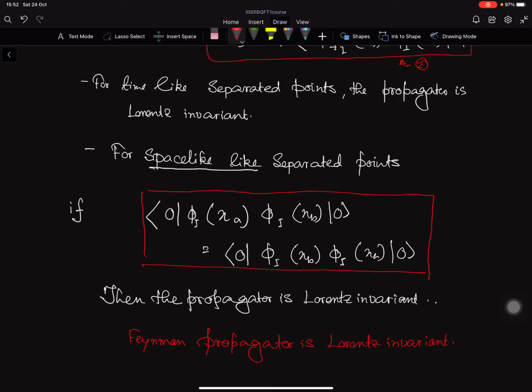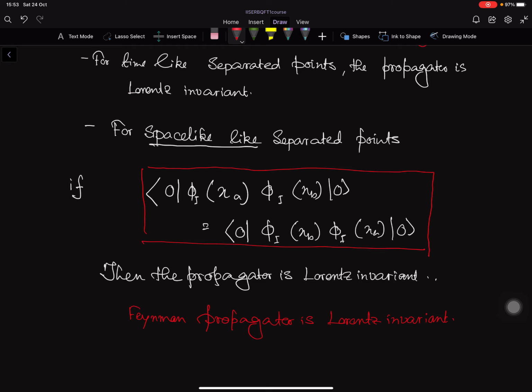So this justifies our choice of the Feynman propagator when we want to do relativistic quantum field theory, because Lorentz invariance is one of the important requirements. The Feynman propagator is required because of Lorentz invariance.